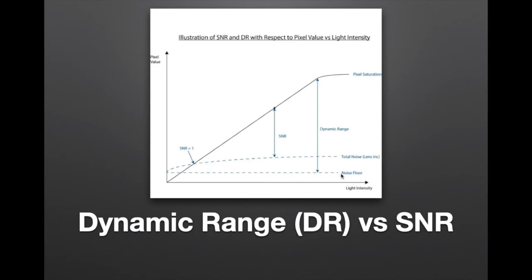All the noise factors create this noise floor, and this is the key issue: this noise floor is pushed up as you raise your ISO or your gain. So that's why your dynamic range changes and becomes less, and you don't want your dynamic range going any less than your SNR for your target. So this is an important concept.